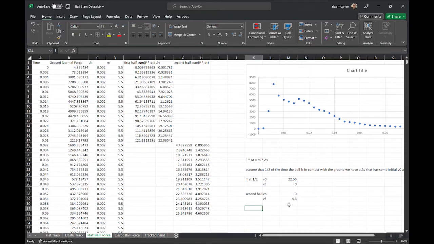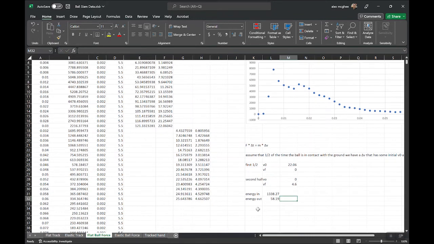Now the energy in is going to be 1/2 times mass, our mass is 0.5, times V initial squared. That's the energy in. For energy out, this one will be V final squared. Then the energy lost will be the difference of these energies.